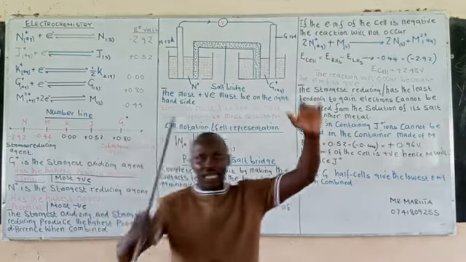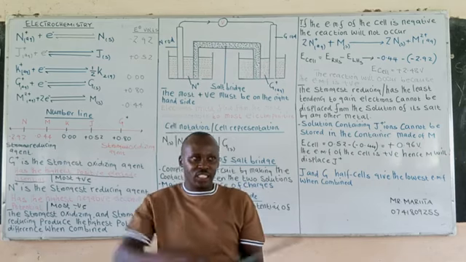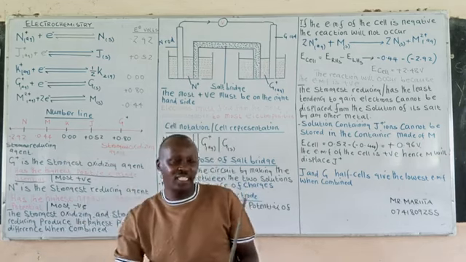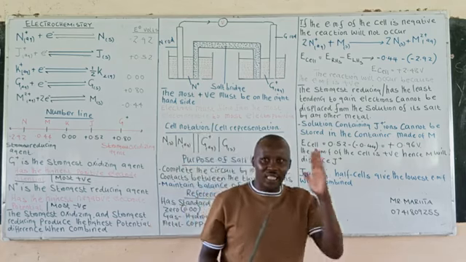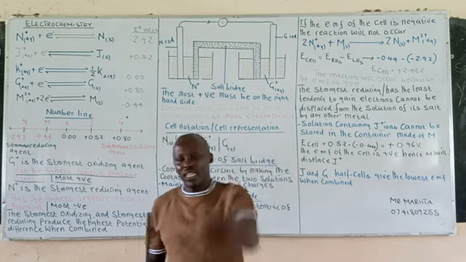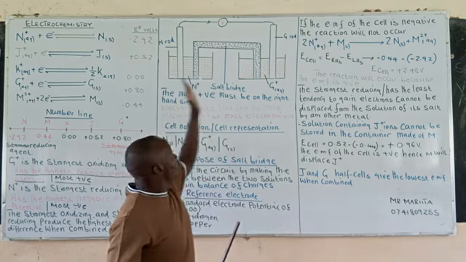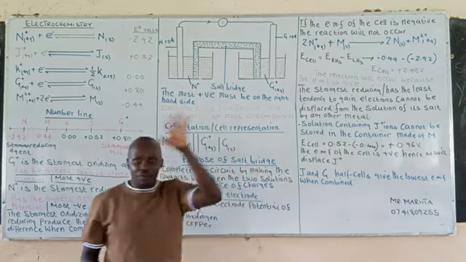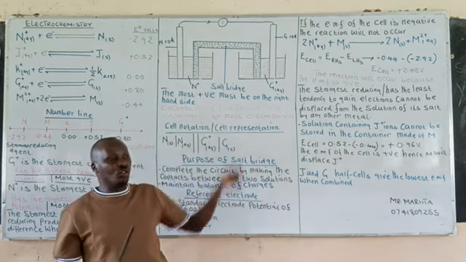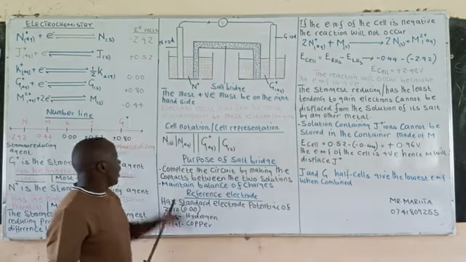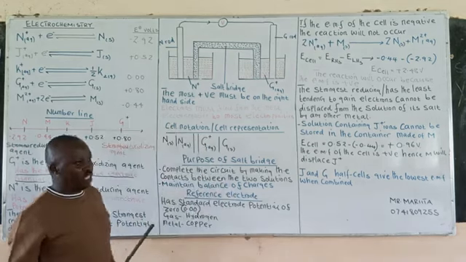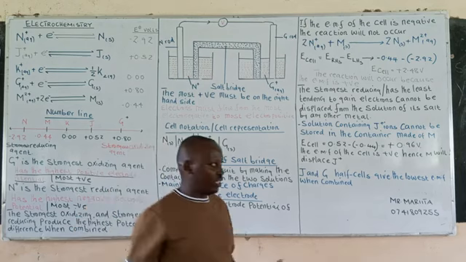Make sure that the most electronegative is placed at the left hand side and the most electropositive is placed at the right hand side. Then when indicating the flow of electrons, it must be from the most electronegative to the most electropositive.